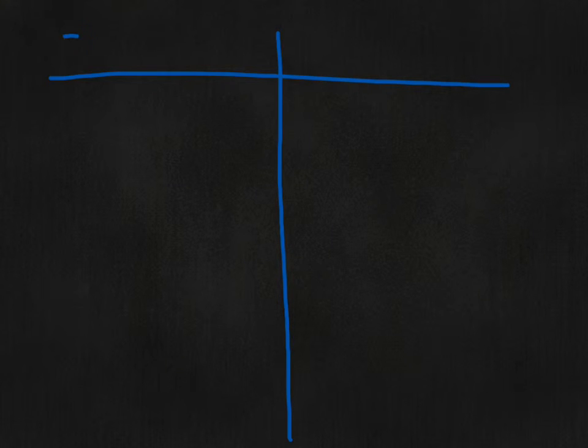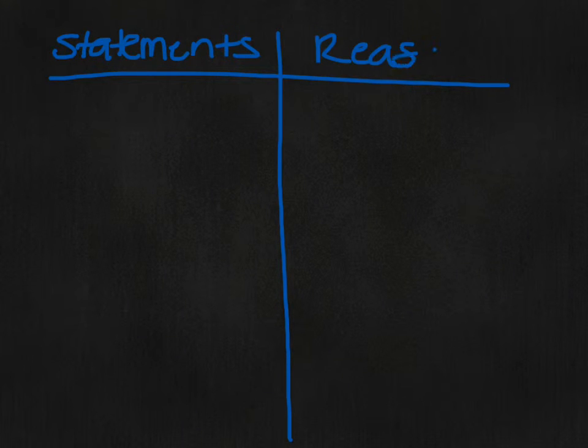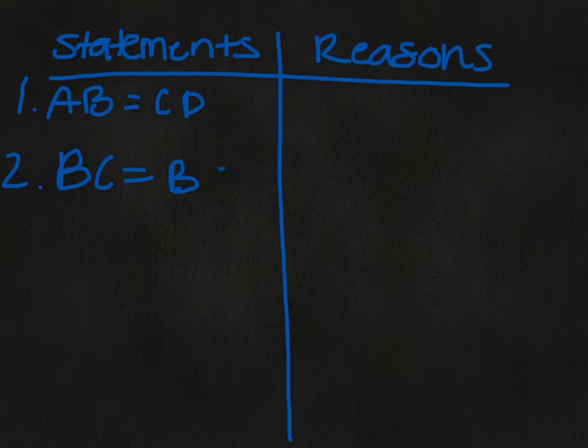Okay. You notice there's kind of 2 columns. One has statements. One has reasons. And the statements, the steps, are already filled out for you. You just have to figure out from your choice of reasons in your notes which one you're going to use.